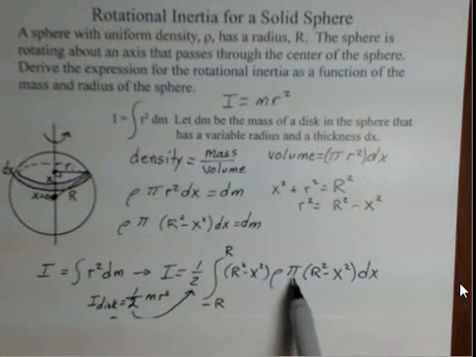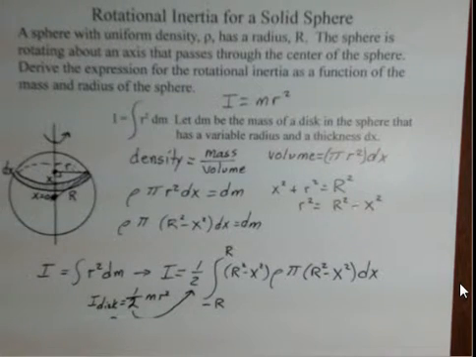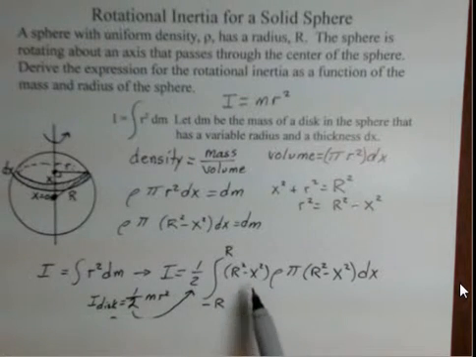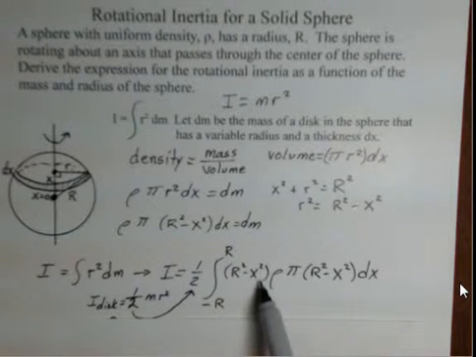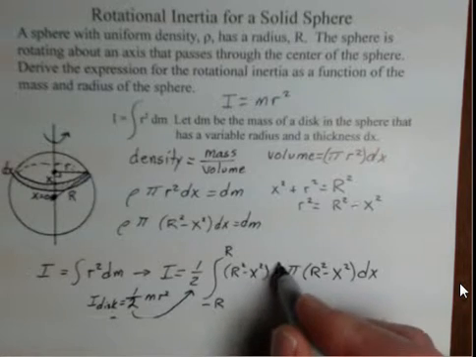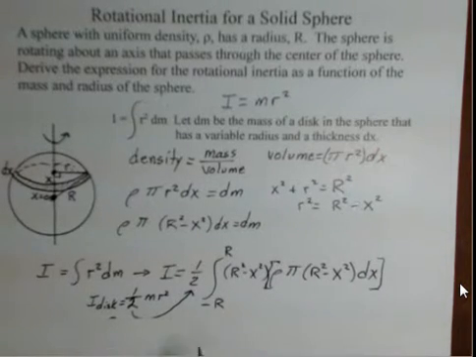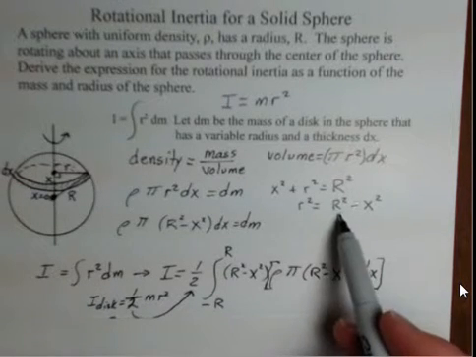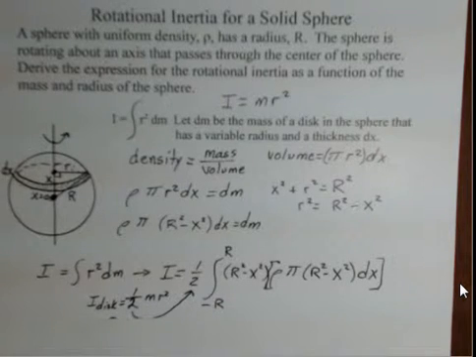I have rho pi and another R squared minus x squared and the dx. So how did I get this other R squared minus x squared? I want you to follow along and not just listen to what I'm doing, but be thinking here. Now this last portion here, starting with the rho, this is dm, and we have an r squared here. That r squared is capital R squared minus x squared. So that's where this other factor arises from.